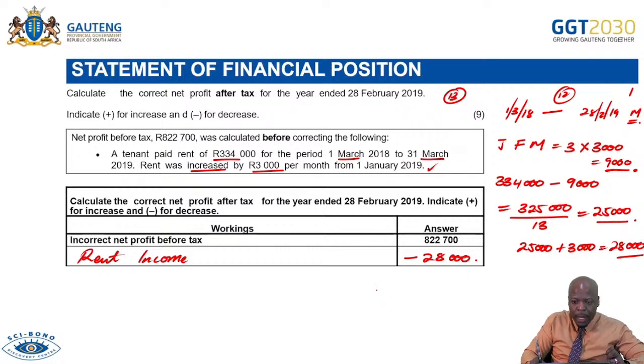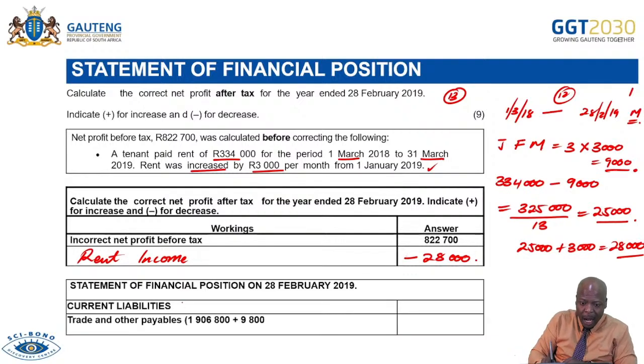All right. So if I have my income received in advance, you understand that this is a liability because we have received income in advance. So I'm coming in now under my current liabilities. Remember, this is my creditors control. And remember this 9.8, the amount that we just dealt with earlier on, I think that was our advertising amount.